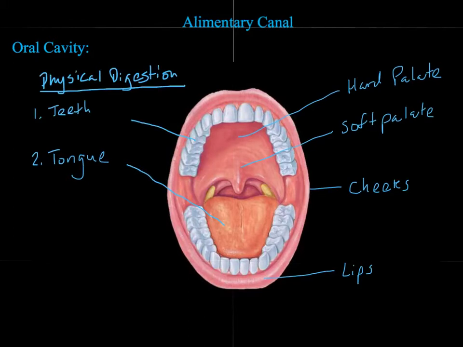At the end of the soft palate, you have a structure called the uvula, which closes off the nasal cavity during swallowing.